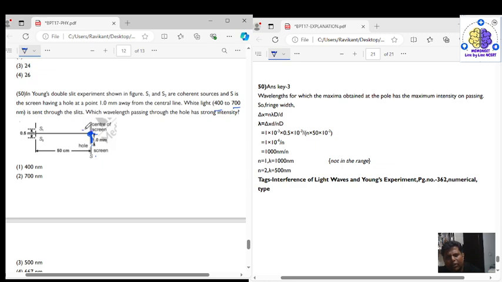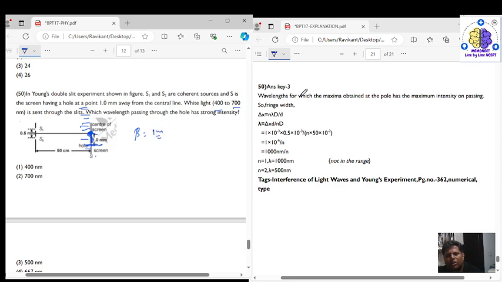Then according to the wavelength, different lights have their maxima at different positions, right? So what they're asking is which color light has its maxima at this point, right? So at this point, what is the position? Position is your beta is equal to 1 millimeter, right?